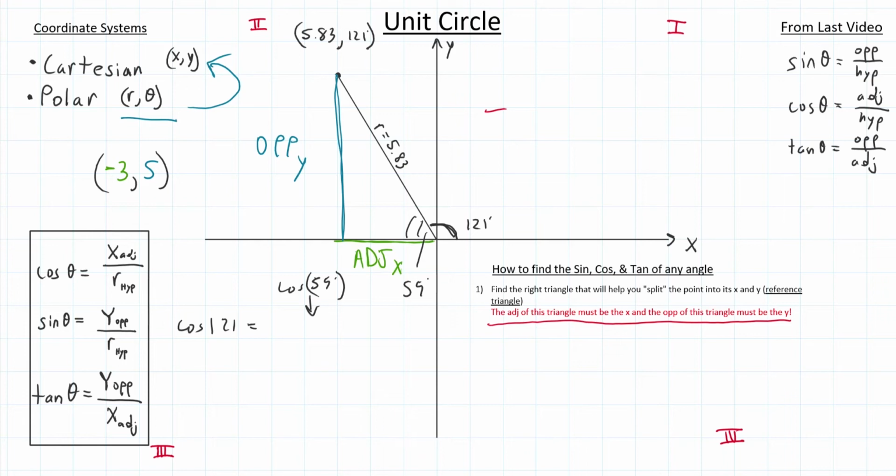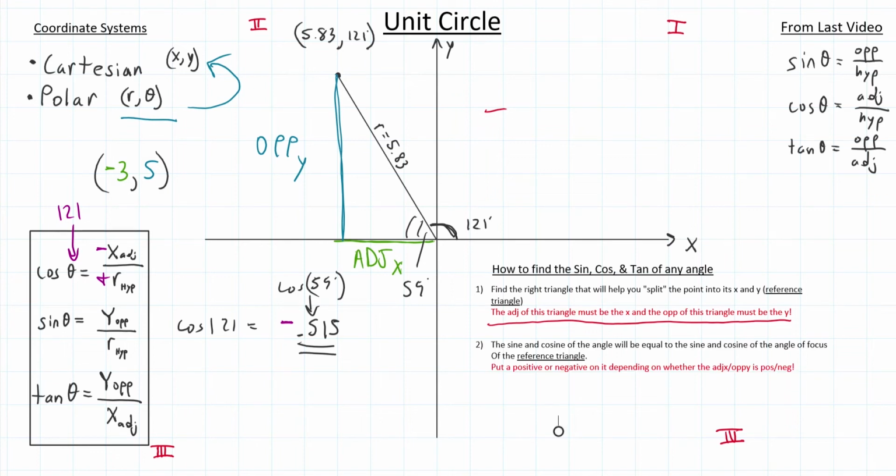So the cosine of 121 should equal 0.515, or at least just the number portion. Now we have to put on the plus or minus manually. We have to recognize that the x of our 121 will be negative and our r will be positive, and a negative divided by a positive will equal a negative. So the cosine of 121 is a negative 0.515. And we follow this exact same procedure for sine and tangent.